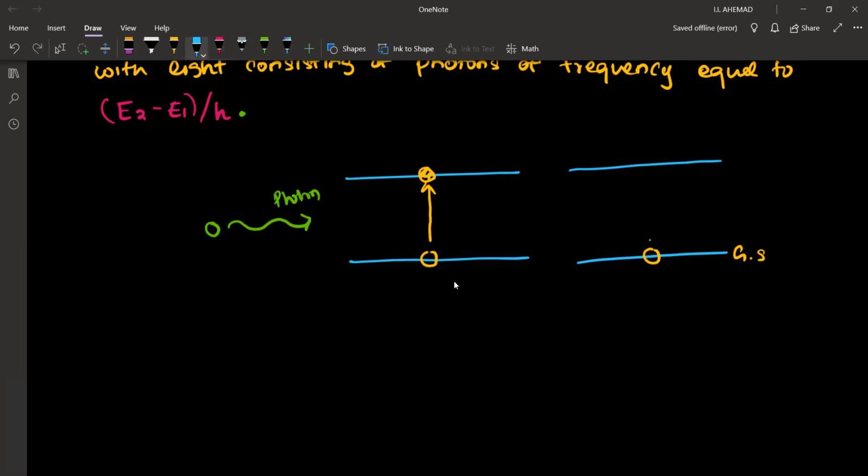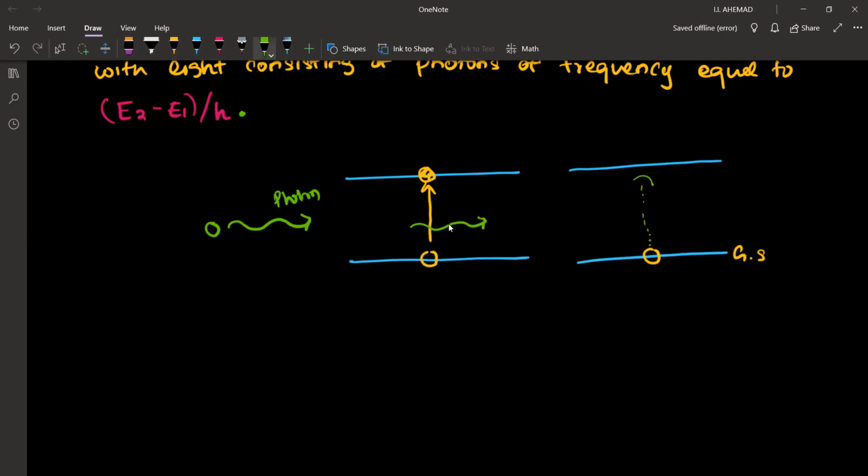So before exciting this electron, it could stimulate this electron to fall to a lower energy state. Is it clear? So this could undergo stimulated emission to release a photon.